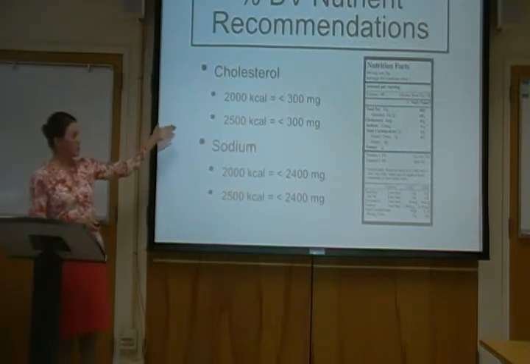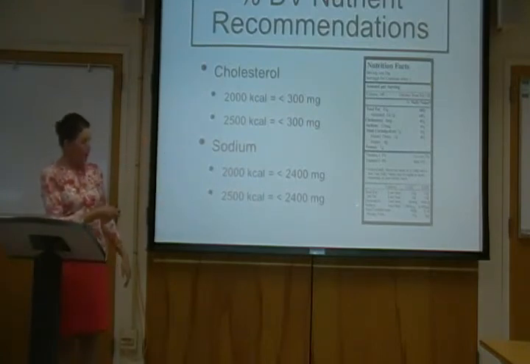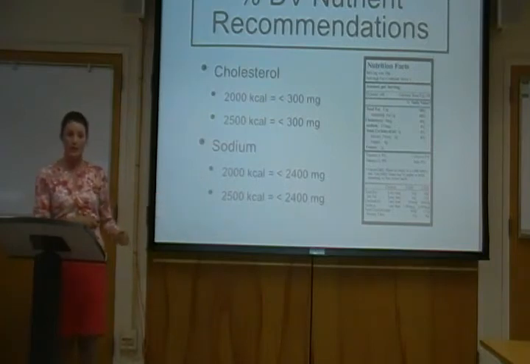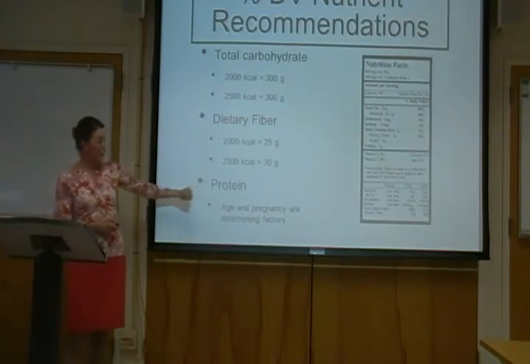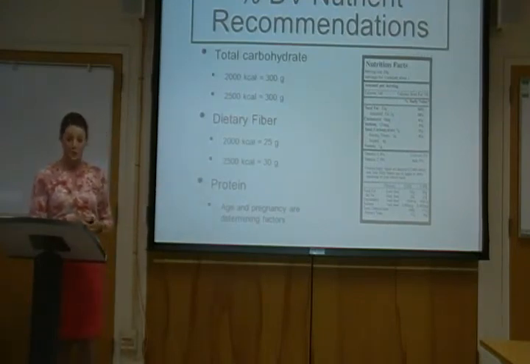Goes on to speak about cholesterol, sodium, total carbohydrates, and your dietary fiber. Protein is not listed there because there are determining factors according to age and pregnancy, but it is a good one to look for. Protein is very important.